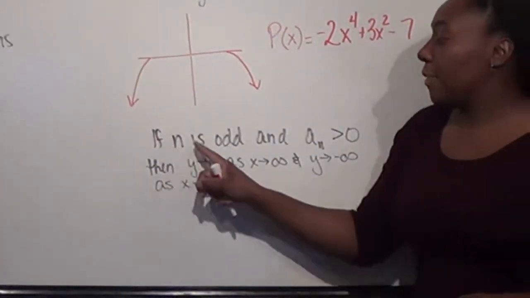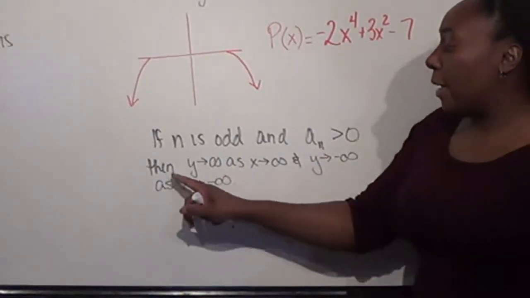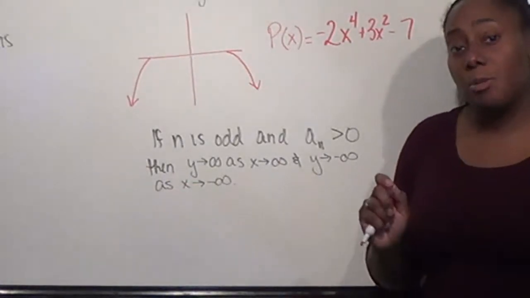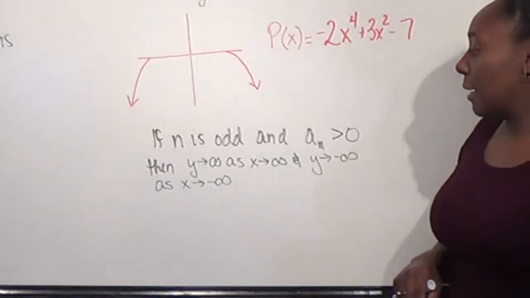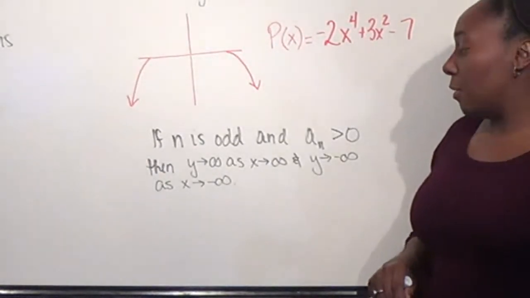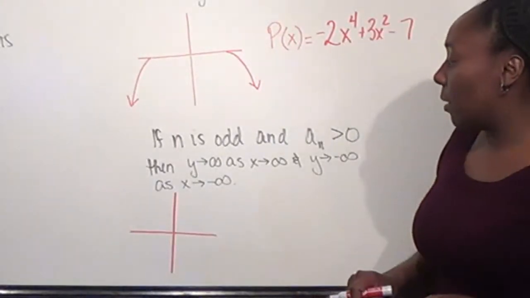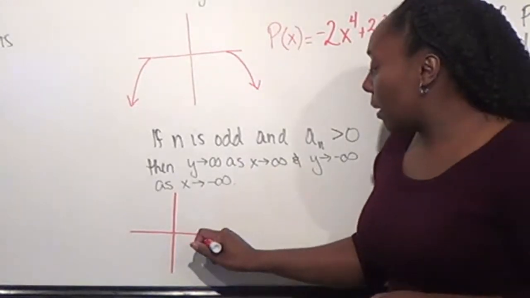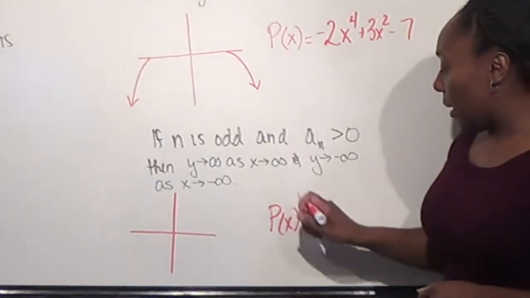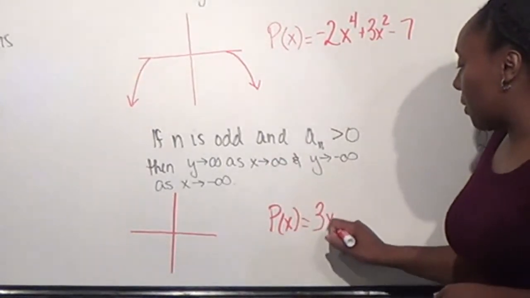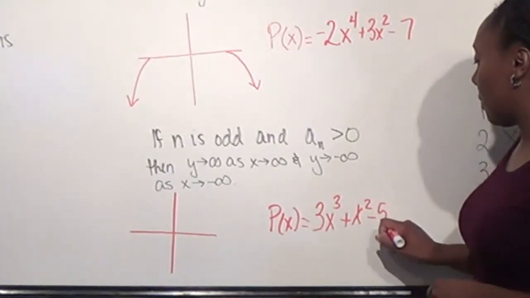Okay? If n is odd and my leading coefficient is greater than 0, then we actually get that the ends are going to do different things. As x goes towards infinity, the y values will go towards infinity, and as x goes to negative infinity, the y values go towards negative infinity. So for this one, if our n is odd, so for example, let's say our p of x looks like 3x cubed plus an x squared minus 5x.